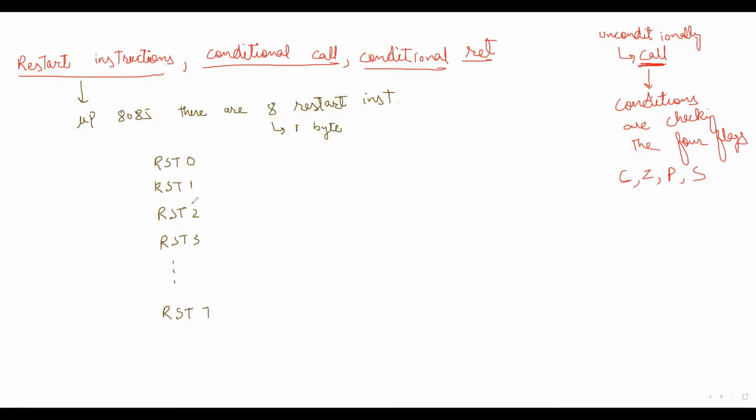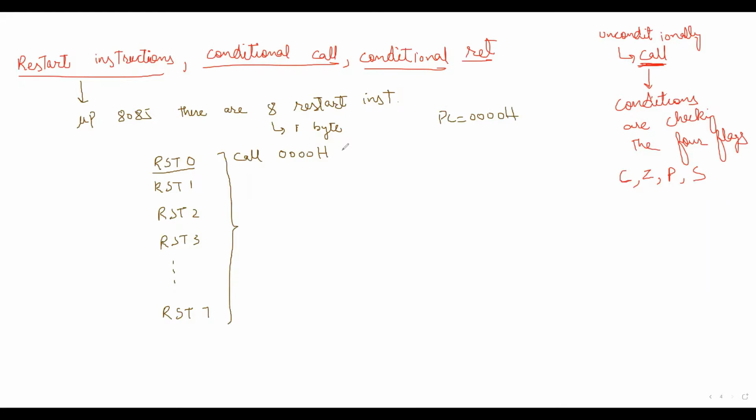All these 8 instructions are basically call instructions. When we write RST0, it is calling this particular location, which means it will put 0000H in the PC. What is at that particular address?